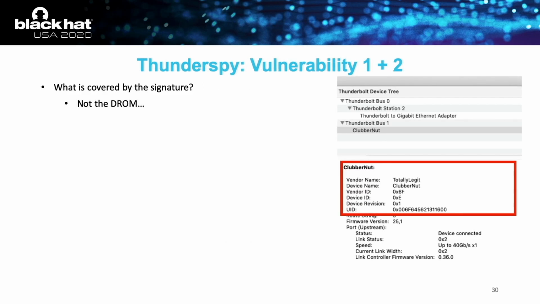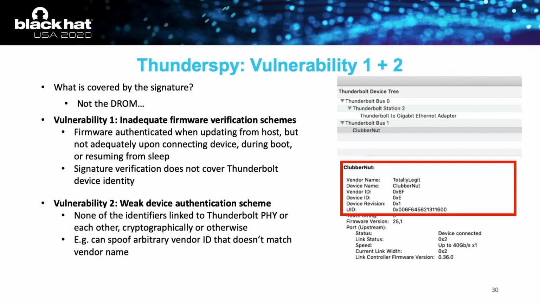Well, not the DROM. Because when we do in-system programming, we can basically construct entire arbitrary identities for the device, and then you can create some nice identities like shown here in the screenshot.